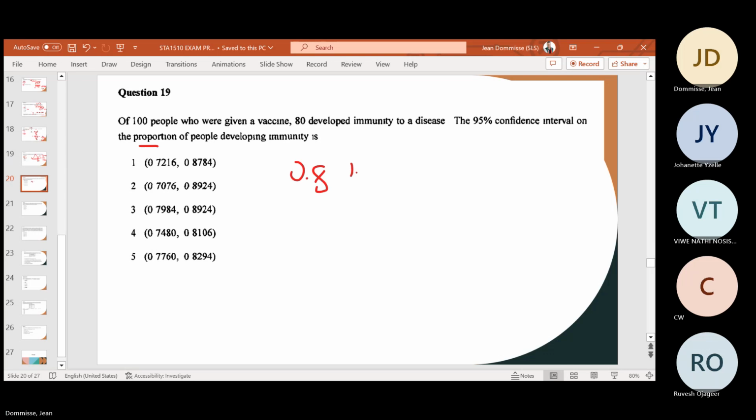Then we normally say plus minus 95%. Remember, confidence interval always two-tail, 95%, 1.96. And then because it is proportions, we multiply by the standard error.